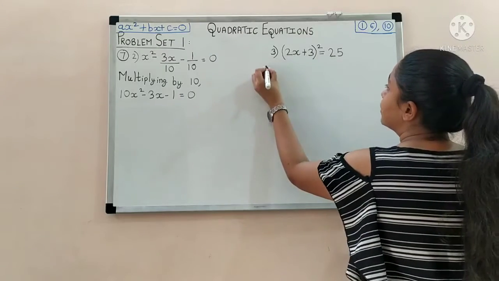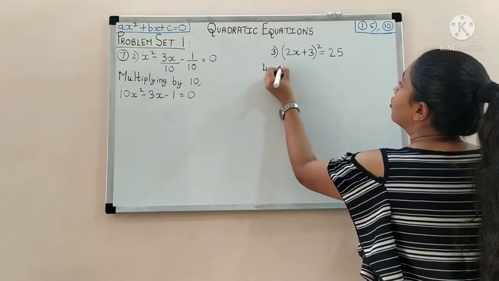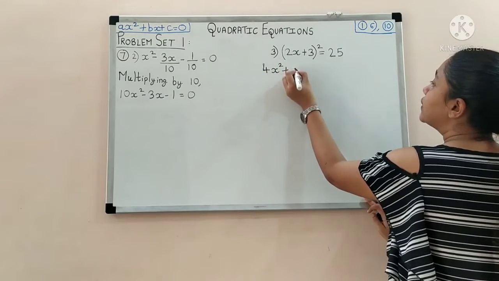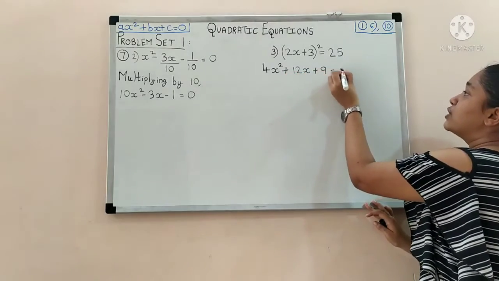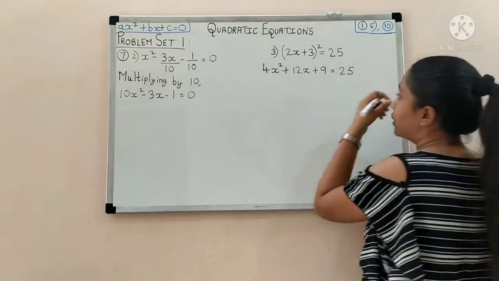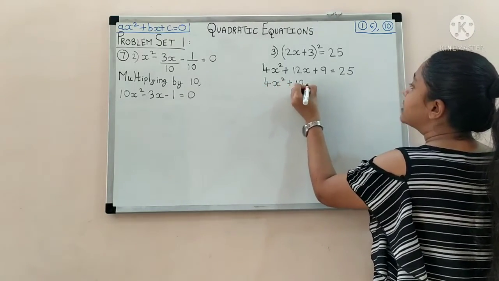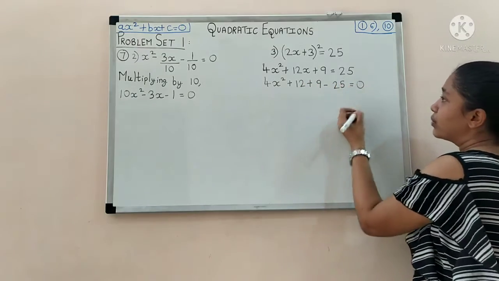So it will be a square, which will be 2x the whole square, so it will be 4x square, plus 2ab. So 2 2s are 4, 4 3s are 12, so 12x, plus 3 square is 9, which will be 25. Then 4x square plus 12x plus 9 minus 25 is equals to 0.